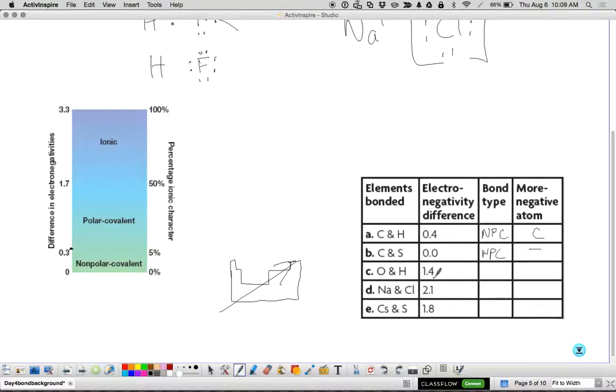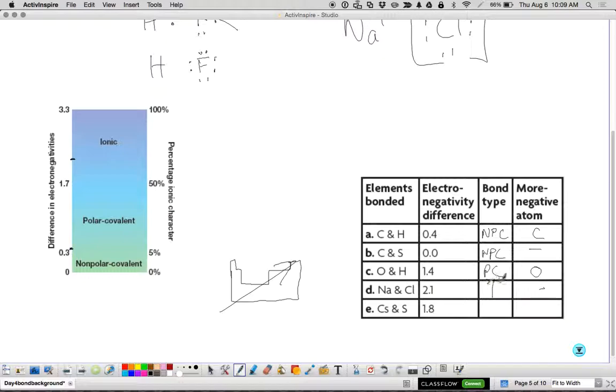Well, oxygen and hydrogen, the difference here is 1.4. Well, 1.4 is pretty squarely in the polar covalent range. So this is a polar covalent bond, and the more electronegative atom is oxygen. Sodium and chlorine. Now we're up here, in the ionic region.